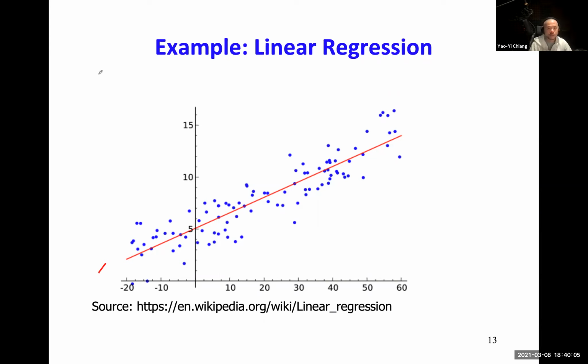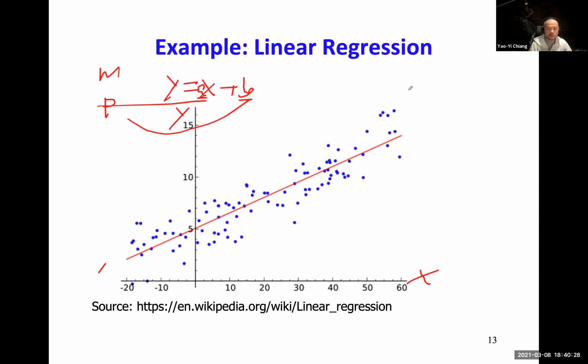But in general, you are going to find a straight line that will be able to describe your data. So when we say model and its parameters, the model we're using here is y equal to ax plus b, right? This is x, this is y, and your a and b are the model parameters. And how do you find a and b?